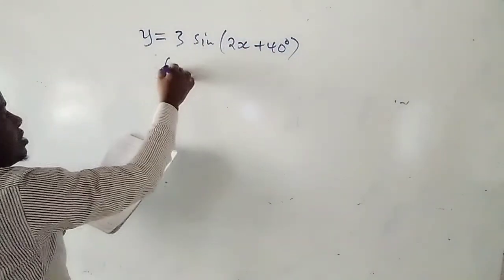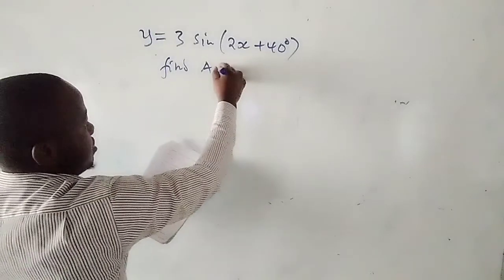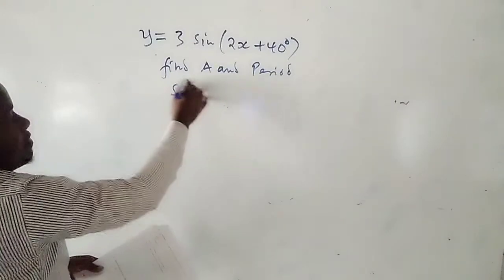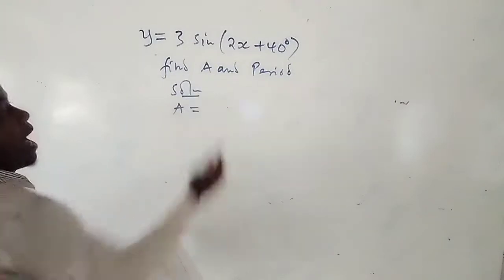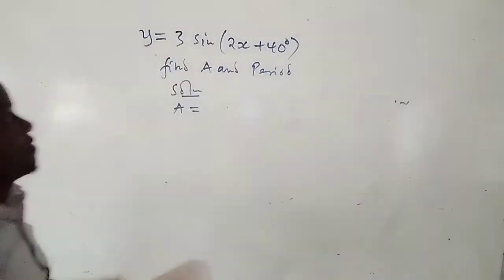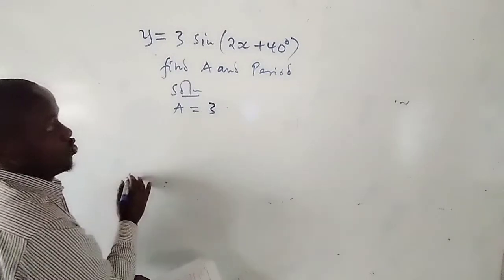We are told to find the amplitude and period. When we are given such a function, the amplitude is always given by the constant at the beginning of the function. Therefore, amplitude will be 3.